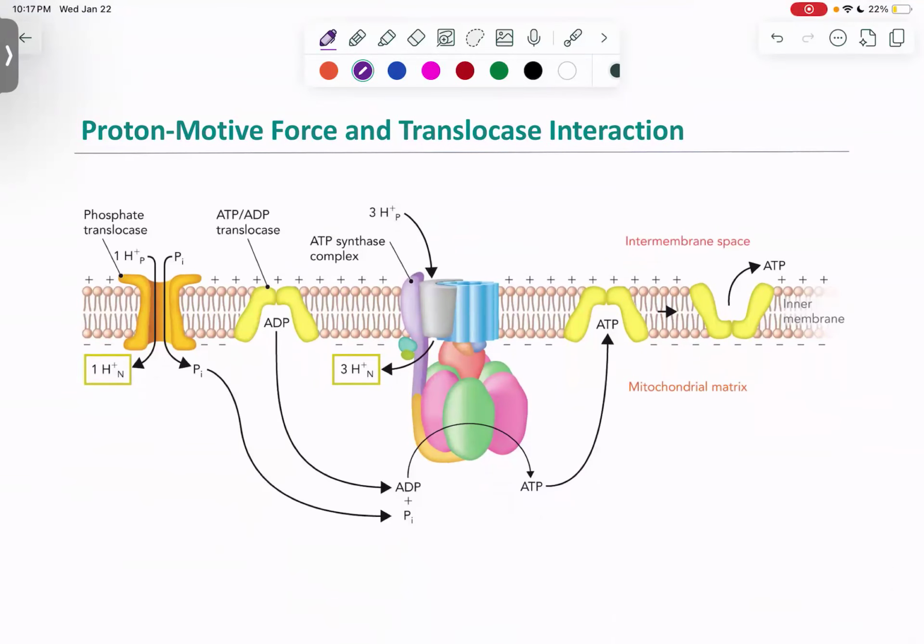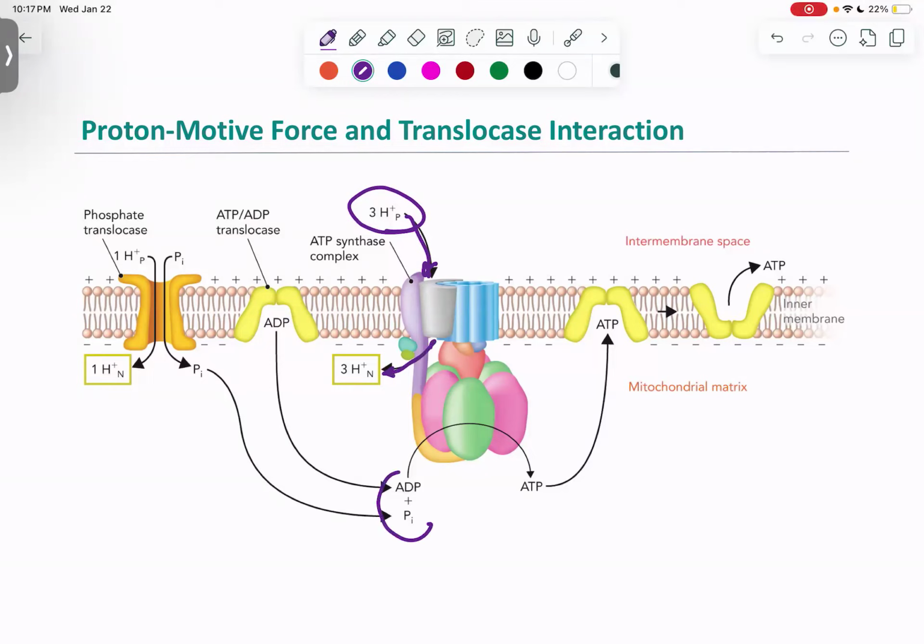Okay, so now let's put everything together, right? So when we talk about the number of protons that have to be translocated in order to drive our ATP synthase, we know we need 3 protons to move through our ATP synthase complex. They go from being in the intermembrane space into the mitochondrial matrix.